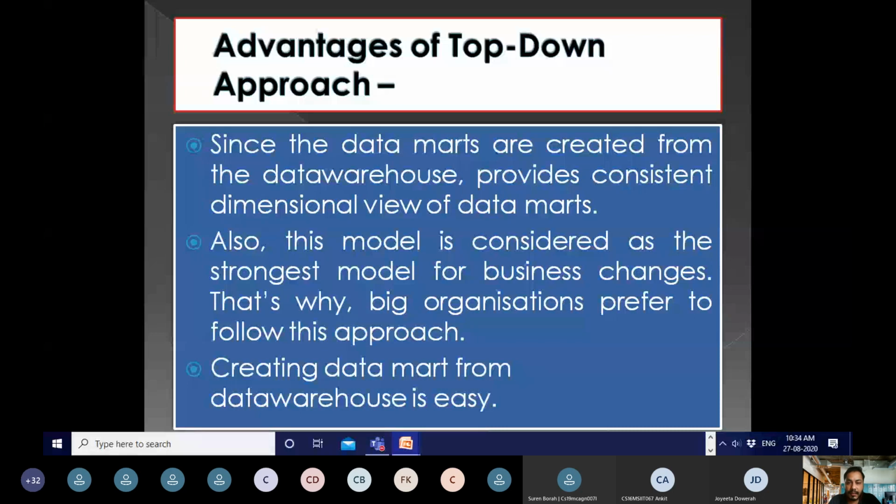That's why this approach has only one disadvantage: it will consume more time. Otherwise it is the same, because we use data marts mainly for viewing the data in a separate, multi-dimensional way.